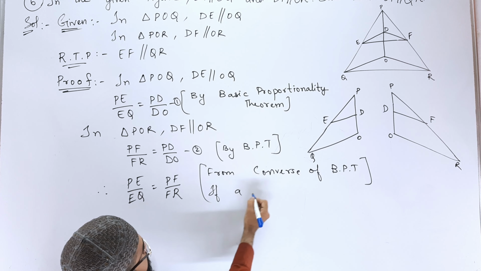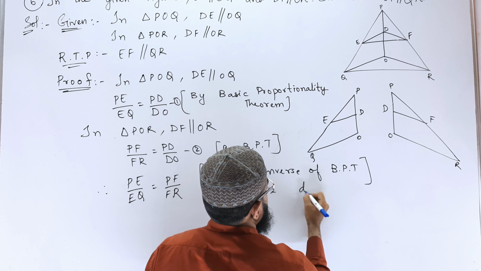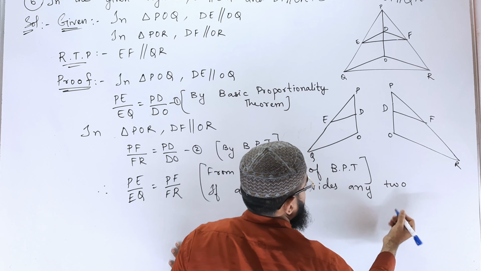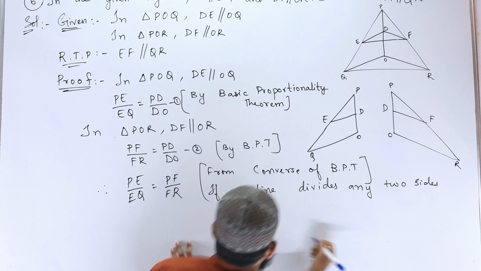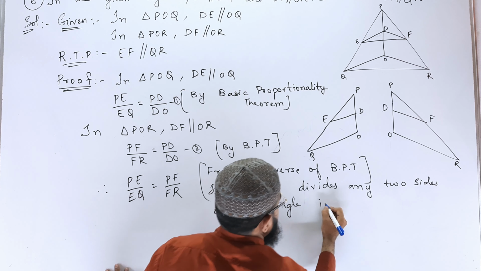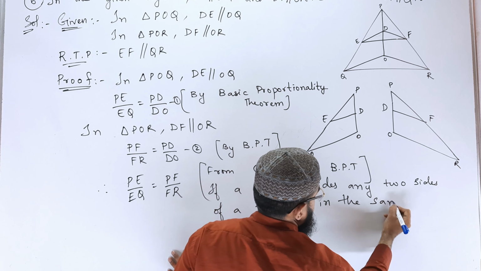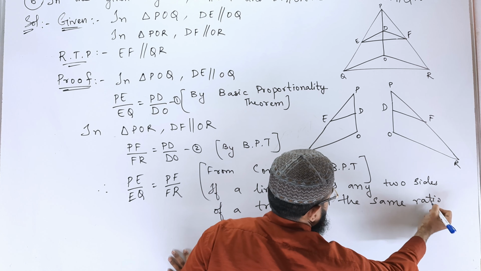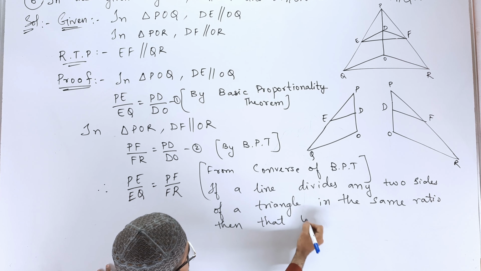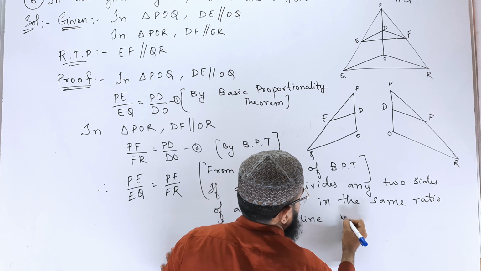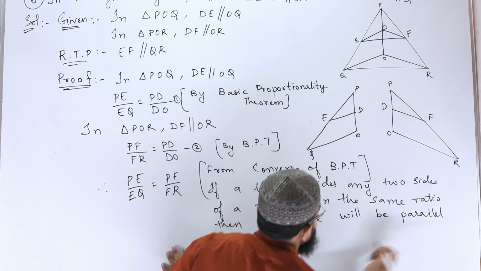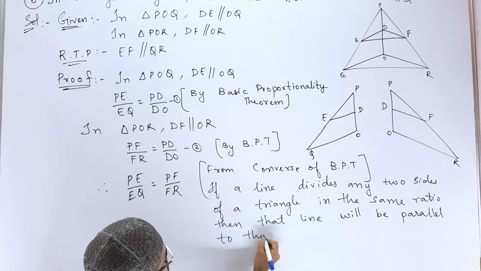If a line divides any two sides of a triangle in the same ratio, then that line will be parallel to the third side.